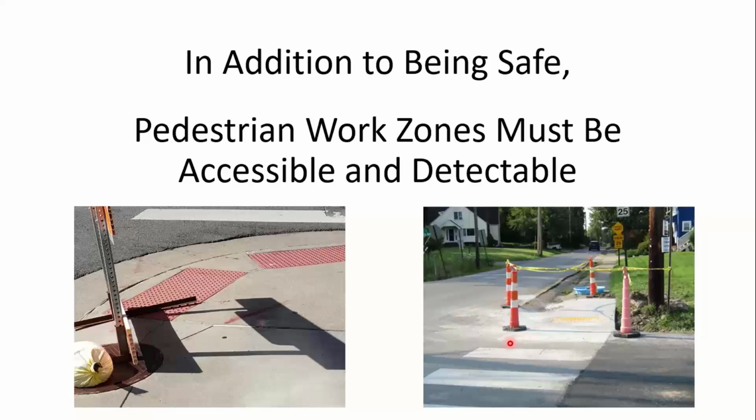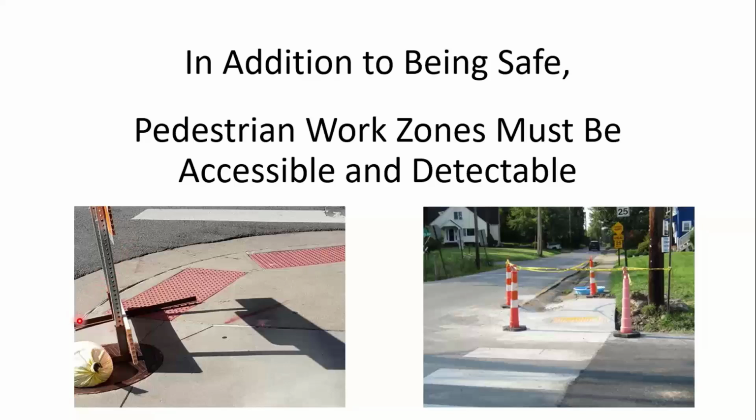Also, there needs to be an alternate pedestrian access route around temporary sidewalk closures. There is none here. Similarly, it's hard to see the full picture here on the left, but the sidewalk on the other side of the street is closed. That's what this sign is trying to say, or it does say if you look at it from the right side of the image.